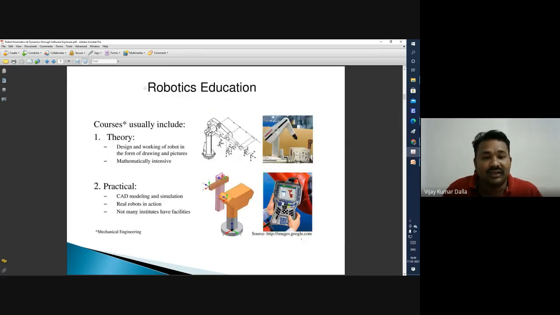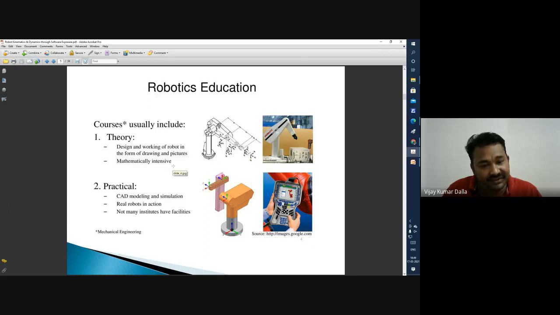Generally, robotics is being taught theoretically and practically. In theory, design and working of a robot in the form of drawings and pictures.